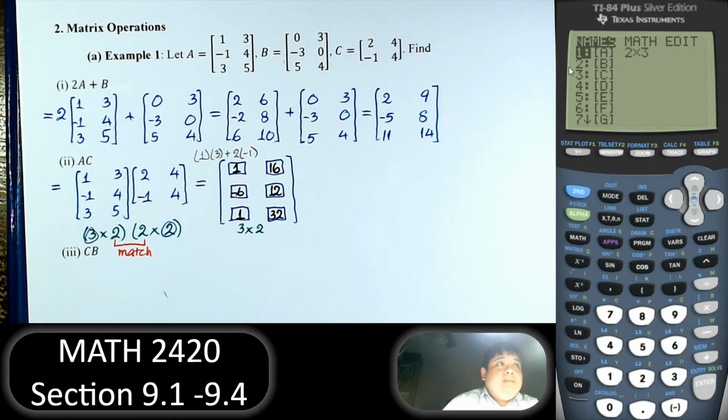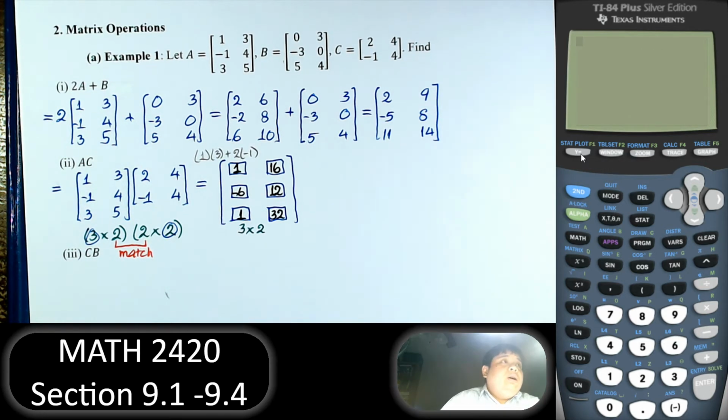In the first tab, Names, that's where we recall the matrix. For example, if we have the matrix A, and we want to input it, the first tab, this tab, is to input the matrix.